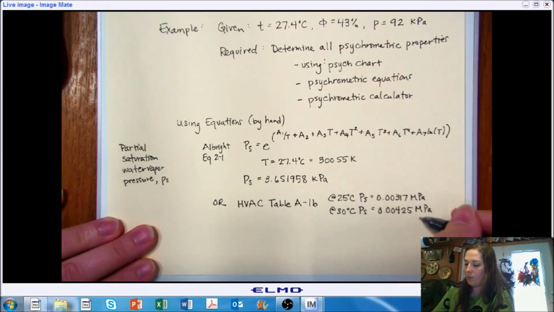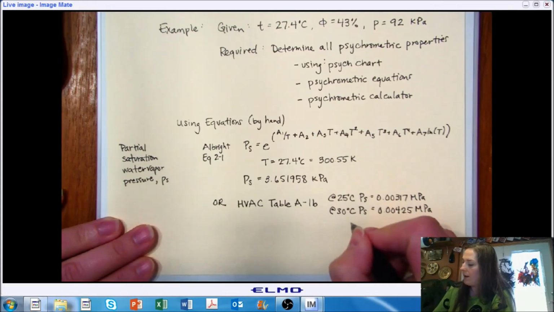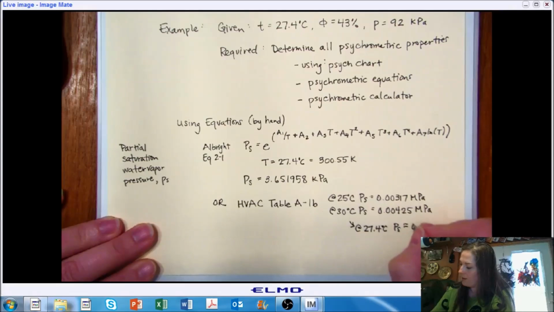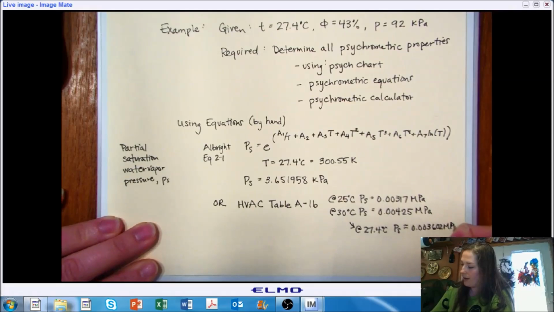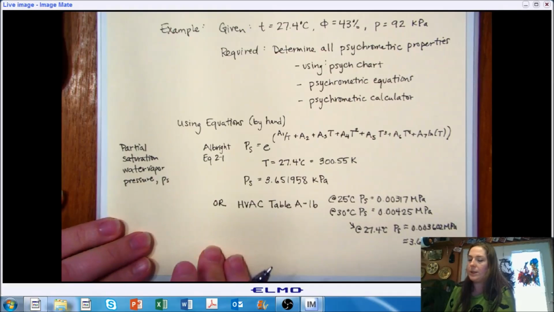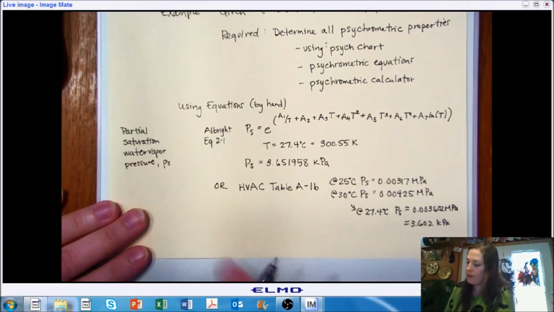You can interpolate between those two to determine that at 27.4 we get approximately 0.003602 megapascals, which is approximately 3.602 kilopascals. You can see that's not exactly the same as we got from the equation, so that approximation has some errors associated with it.